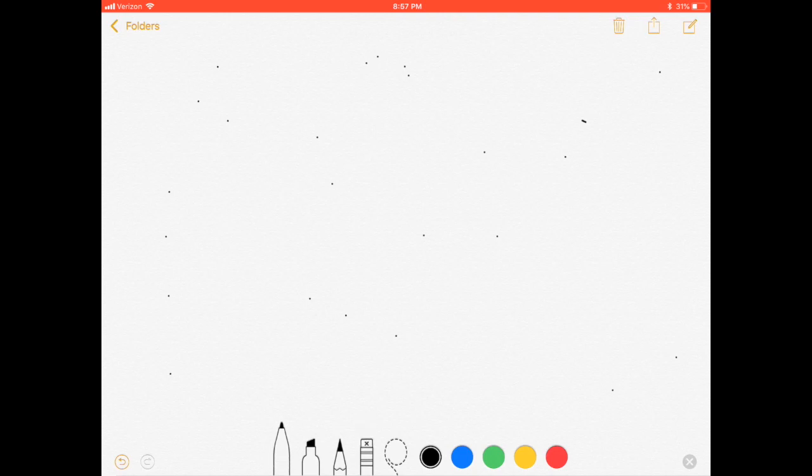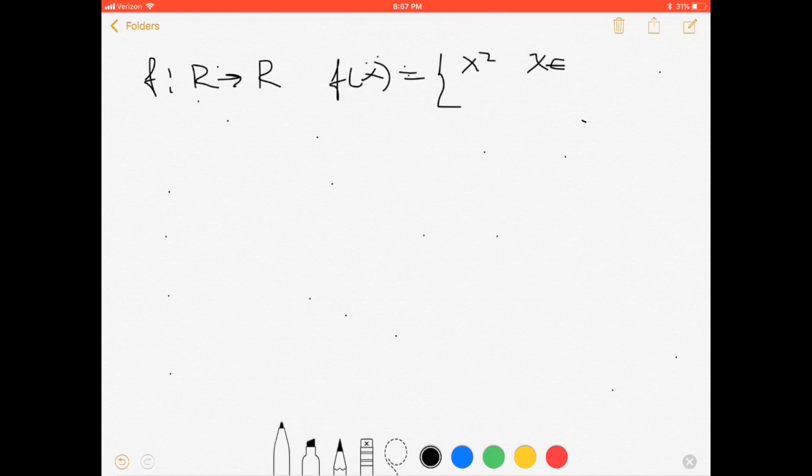Let's say we have a function f from R to R, defined as f(x) equals x squared if x is a rational number, and 0 if x is an irrational number.